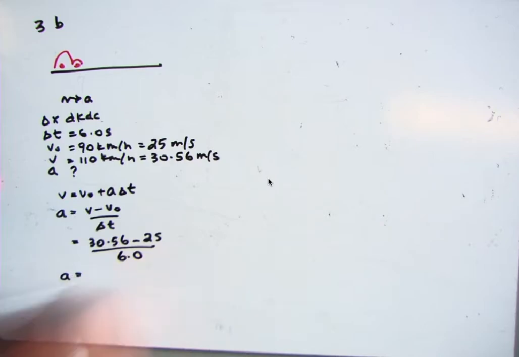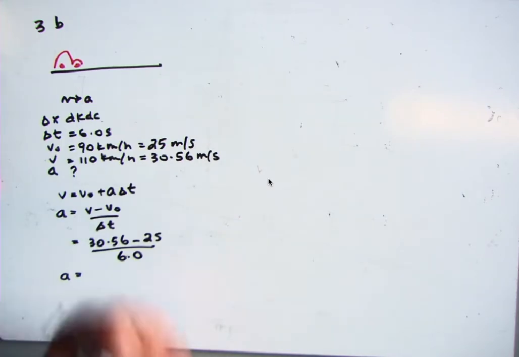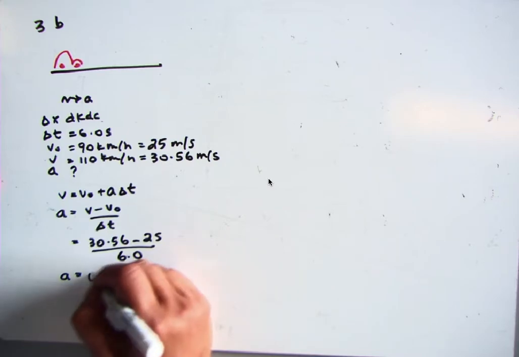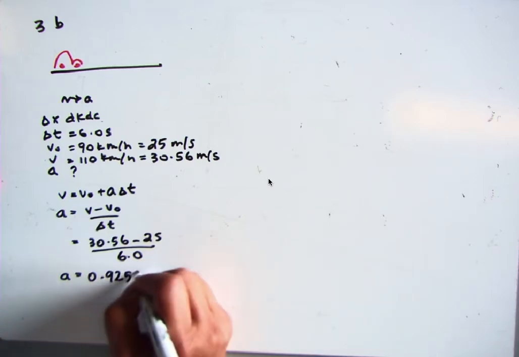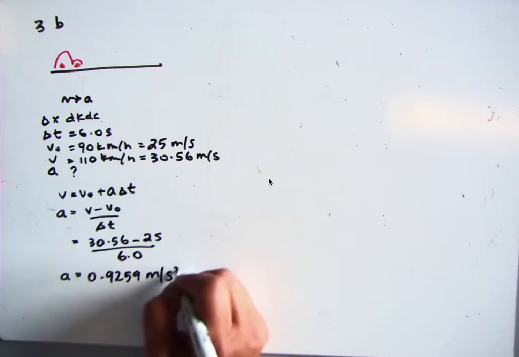So my a is going to equal 30.55555 minus 25 divided by 6. So 0.9259 is the acceleration, 0.9259 meters per second squared.